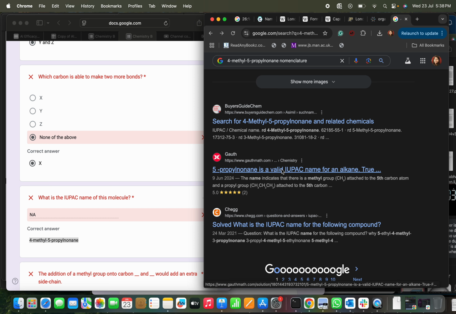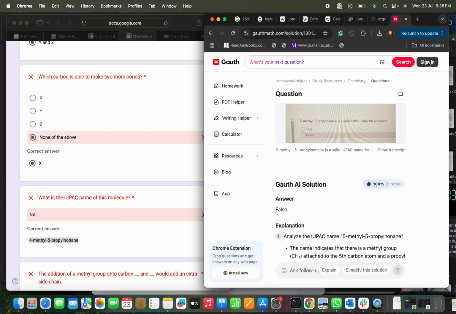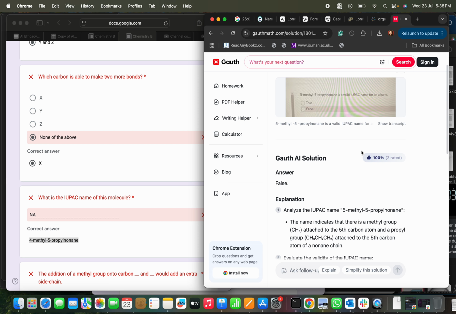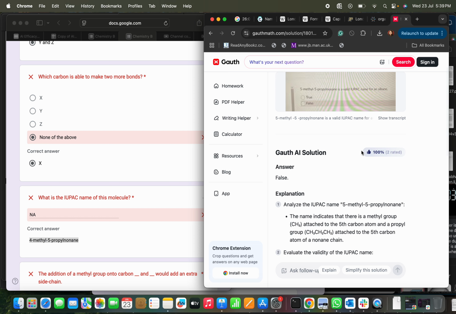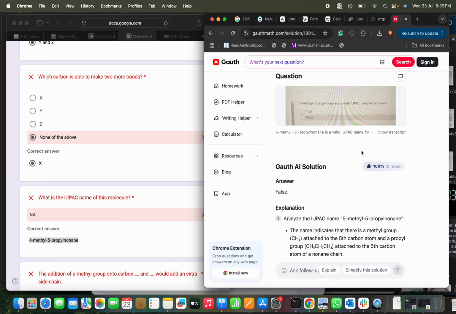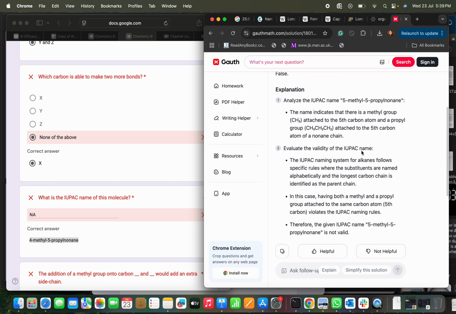When you get to the methyl group attached to the 5th, analyze the name. It indicates that there is a methyl group CH3 attached to the 5th and a propyl group attached to the 5th. Evaluate the validity.